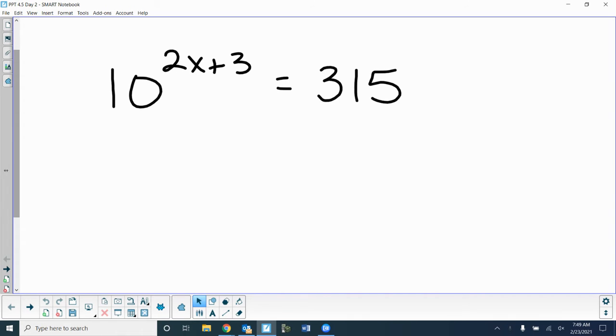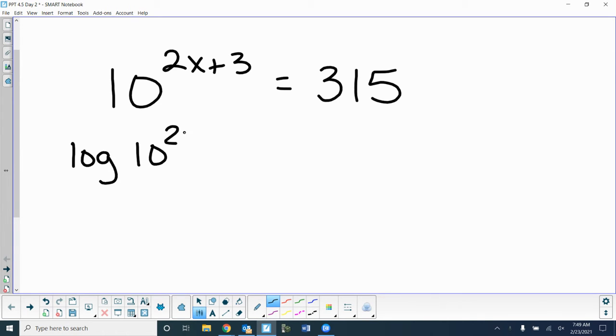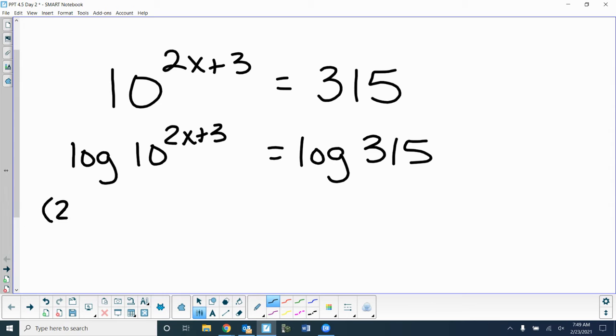So when we take the log of both sides, we just put log in front of both. And again, some of you do start a little bit different, putting this in front right away. But since we're taking logs, we can take this exponent out front and multiply it by the log.